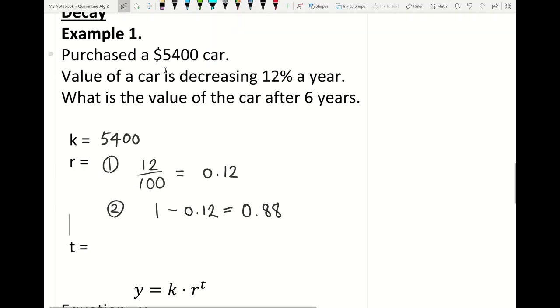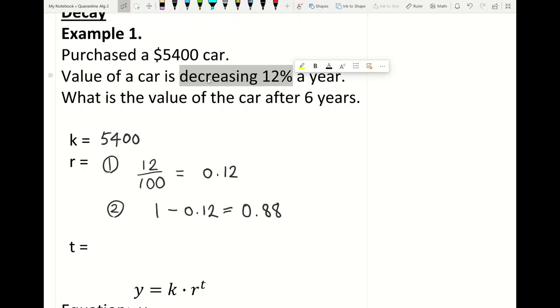Now, just remember, in the problem, it says 12% decreasing, right? But we still want to figure out how much of the car is valued. Decreasing 12% means that you're losing 12% of the value of a car each year. If you lose 12%, how much do you still retain?